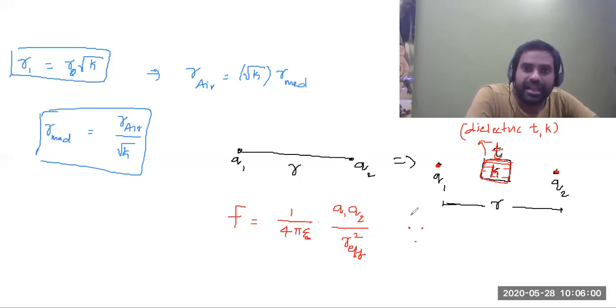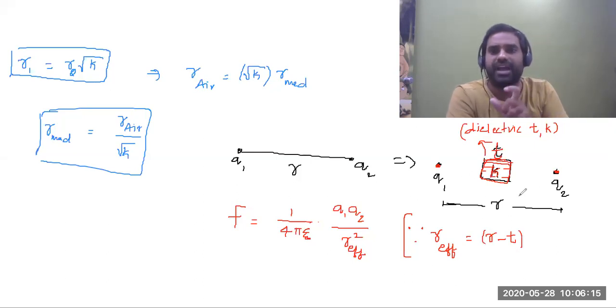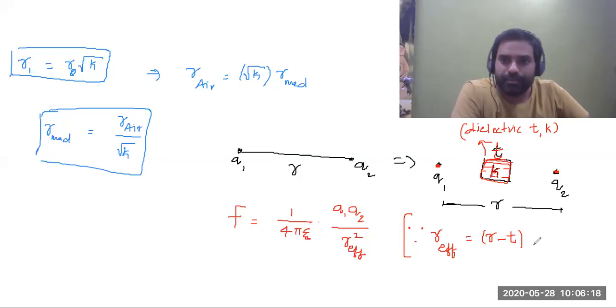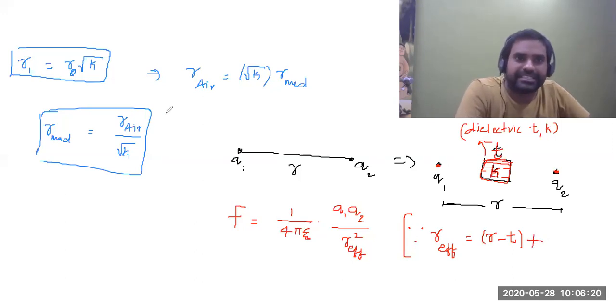Listen carefully, students, R effective is equal to R minus T. R minus T is totally filled with air, no? You can keep T anywhere in between. R minus T is totally filled with air, plus the equivalent air distance. R air is equal to root K times R medium, no? So plus root K into T. This is going to be the effective distance.